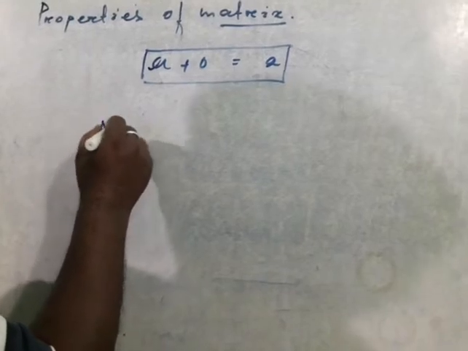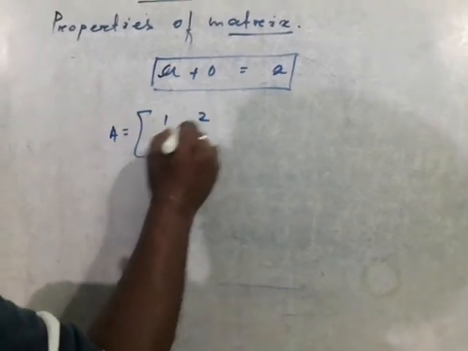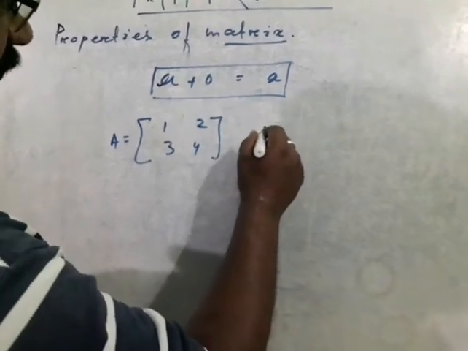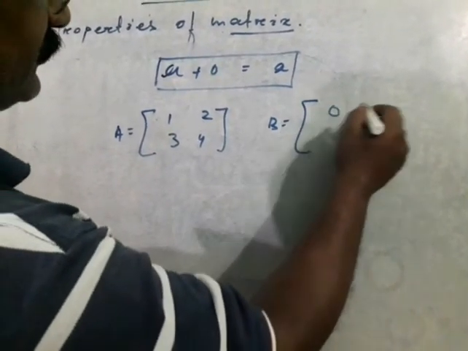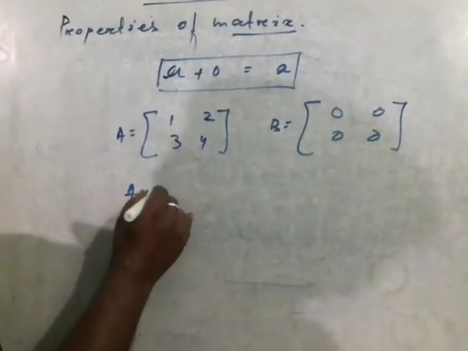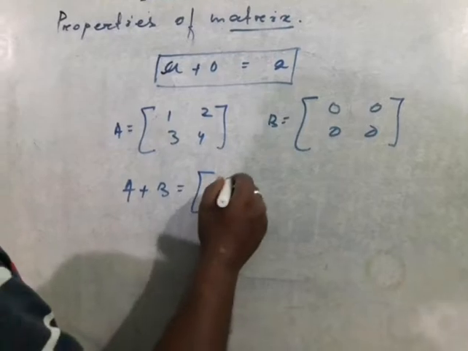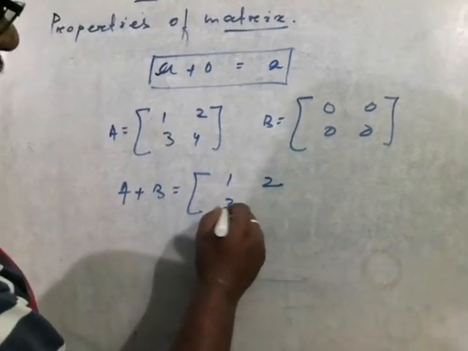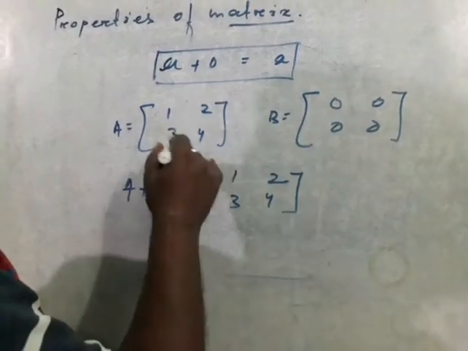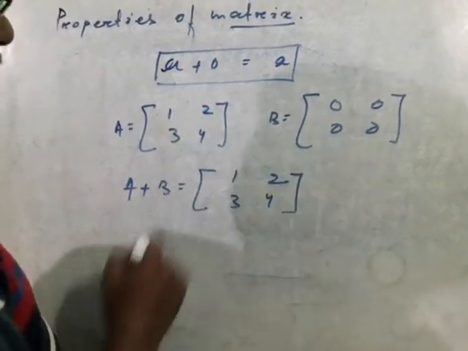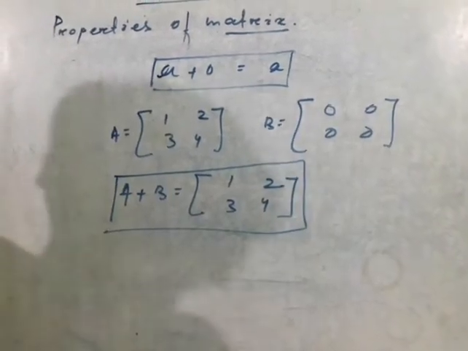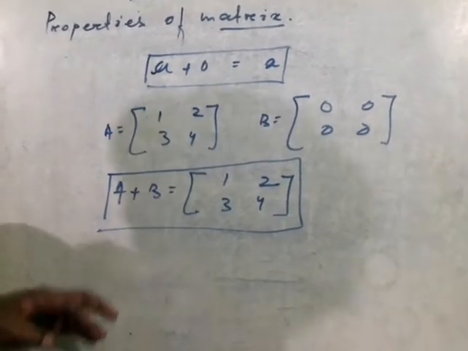If A is a matrix whose components are 1, 2, 3, 4, and it is added with a zero matrix of the same order, 0, 0, 0, 0, then we get A plus 0, which is equal to 1, 2, 3 and 4: 1 plus 0 is 1, 2 plus 0 is 2, 3 plus 0 is 3 and 4 plus 0 is 4. In such cases we can say that this is the additive identity property of the matrices.